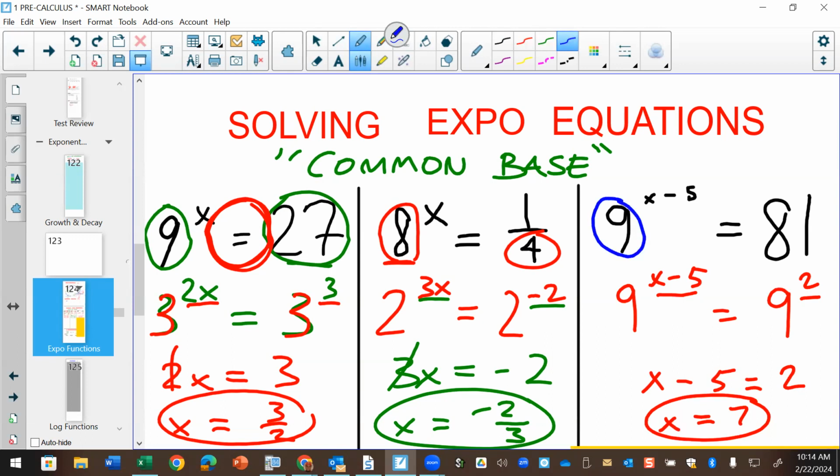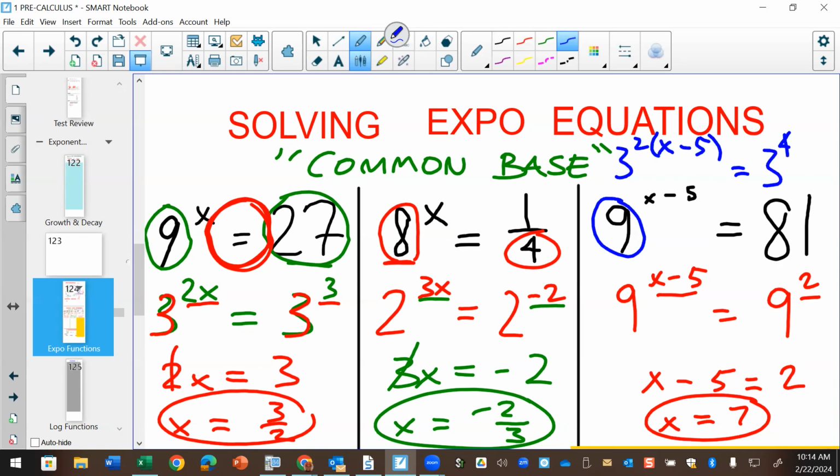We know that's 3 to what power? 3 squared. Here's the question, most important 5 seconds of this lesson. Why don't you pay attention? What do I do with the 2 and the X minus 5 that was already there? Parentheses. No parentheses?